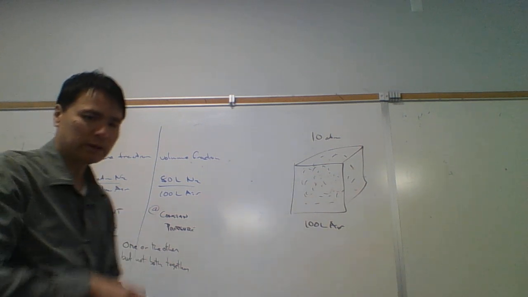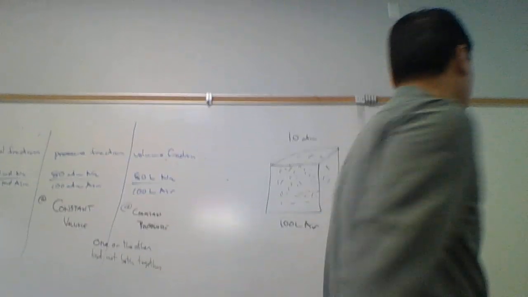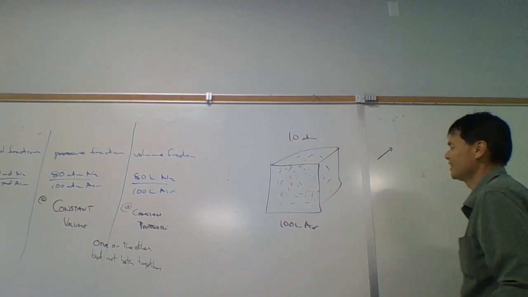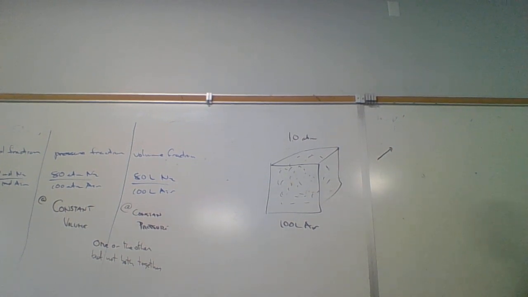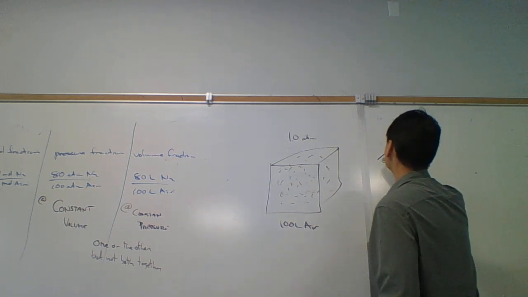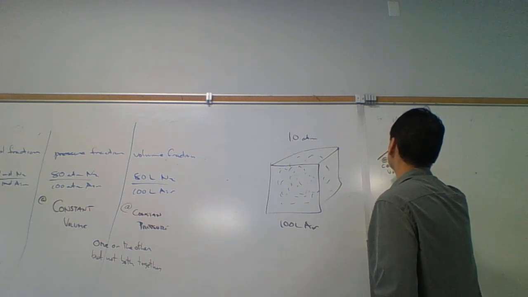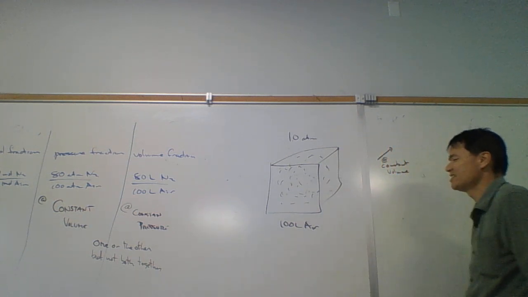Now what we're going to do is we're going to separate the oxygen from the nitrogen. And there are two ways to do this. One way is like this. I can do this at constant volume. What that means is this.